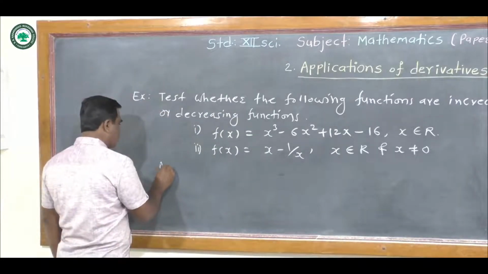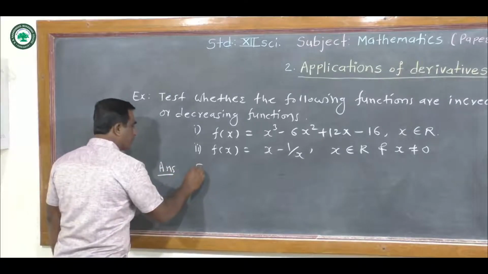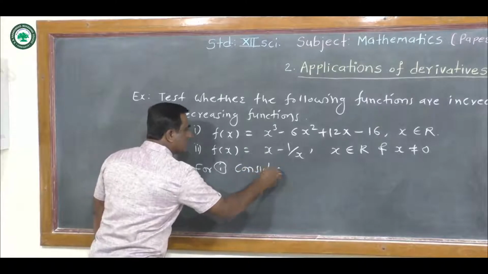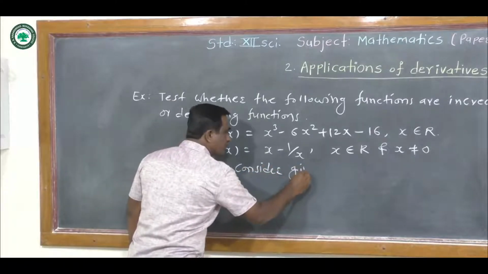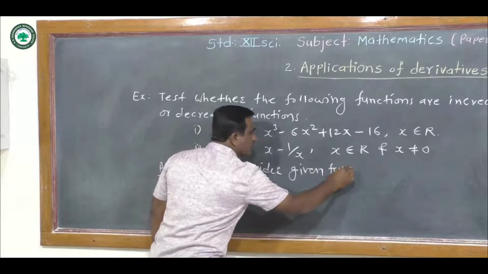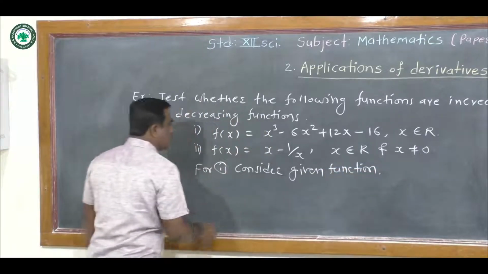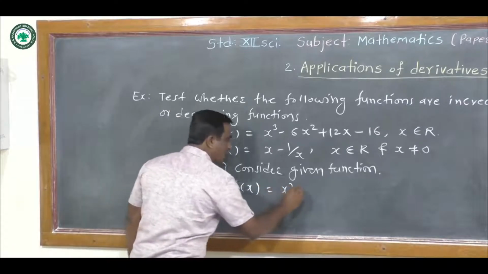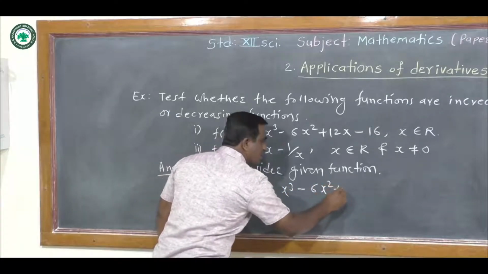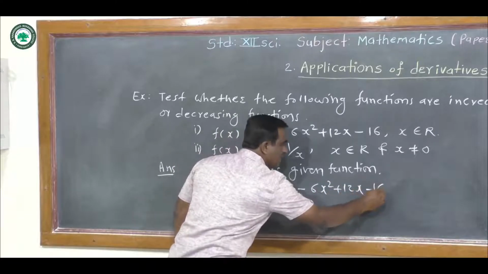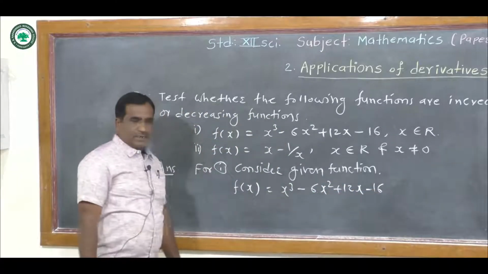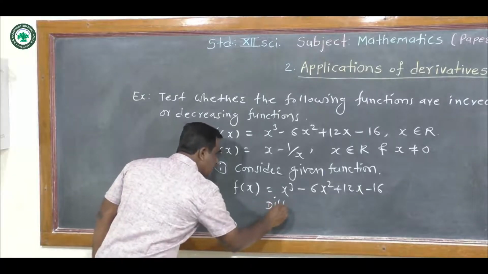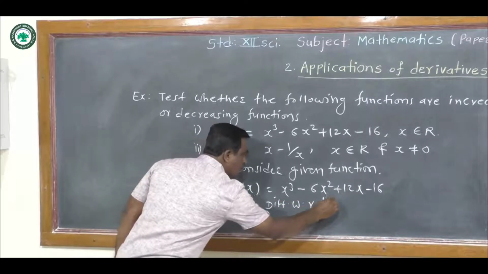Answer for the first. Consider the given function f of x equal to x cube minus 6x square plus 12x minus 16. Differentiate with respect to x.